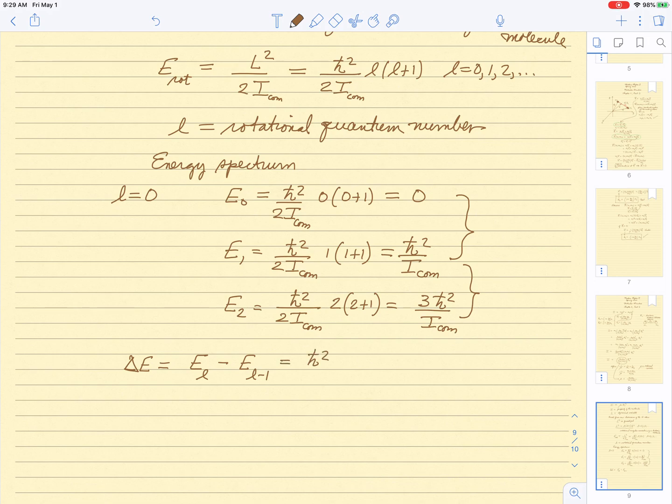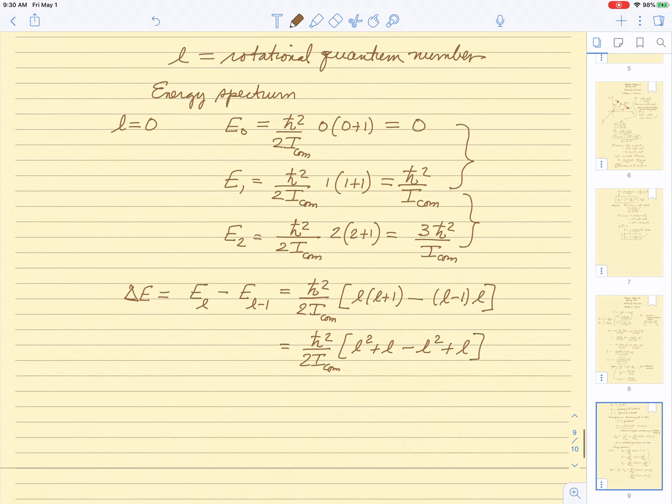And so that would be equal to h bar squared over 2 times the rotational inertia, times L times L plus 1 minus L minus 1 times L. And so then that's going to be h bar squared over 2I times L squared plus L minus L squared plus L. And so that's going to be equal to h bar squared over 2 times I about the center of mass, times 2L, which is equal to h bar squared over I center of mass, times L.